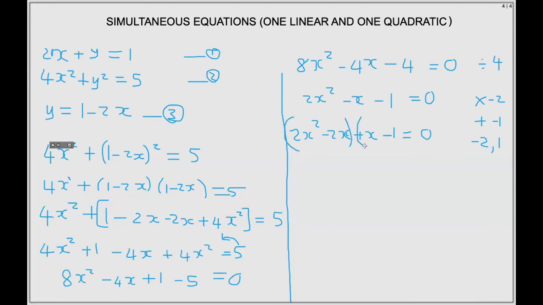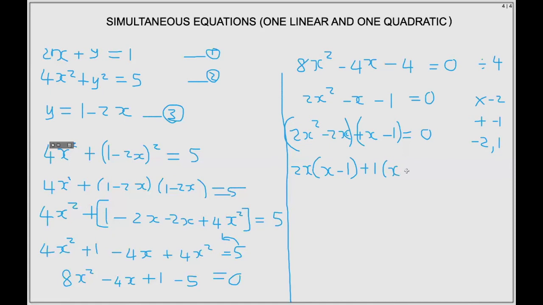Grouping, so we have two groups. In the first group, we can factor out 2 and the variable x. So what is left within the bracket? We divide 2x squared by 2x, we're left with x. Minus 2x divided by 2x gives us negative 1. And the next step is what can be factored out of the second bracket is just positive 1.